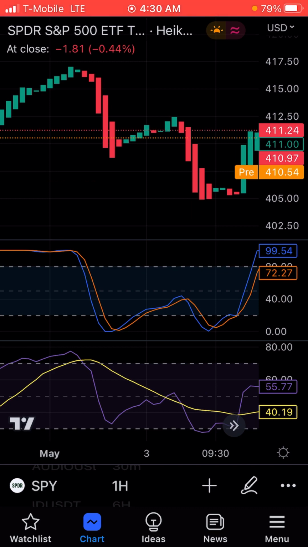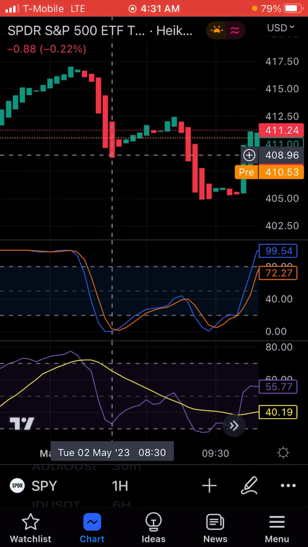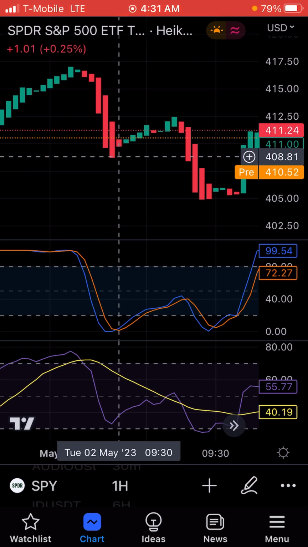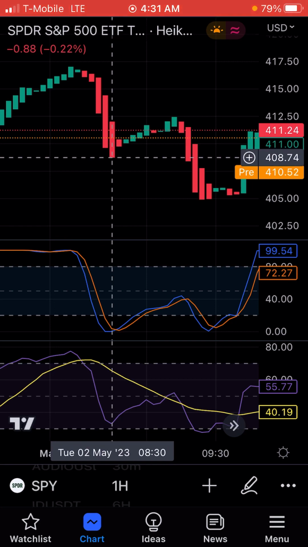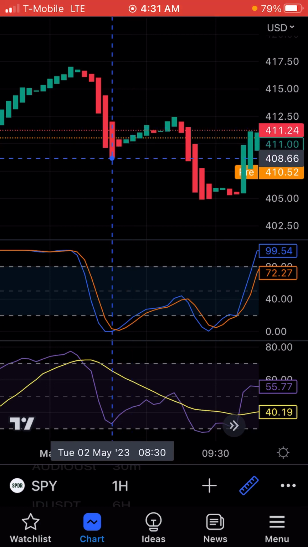So your entry point is the stochastic RSI. Your exit point is the regular RSI. Right here we see it again on the hour of SPY. We see the blue line passing through the orange line, so we would come in at this point right here.